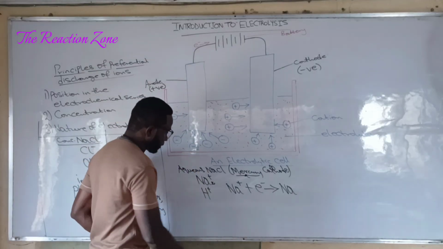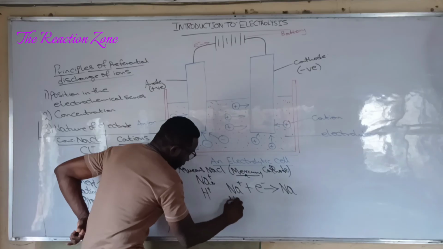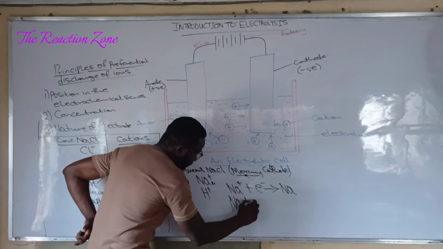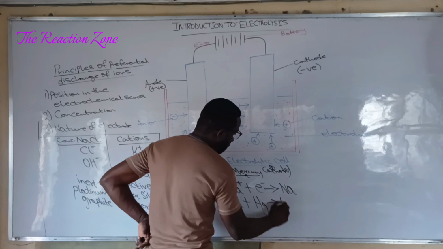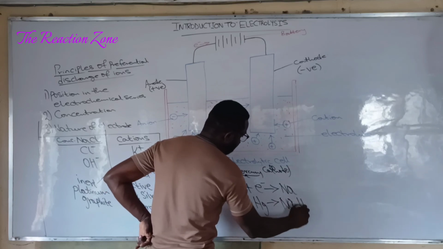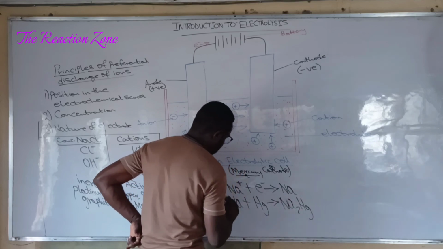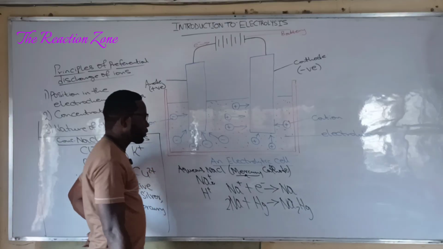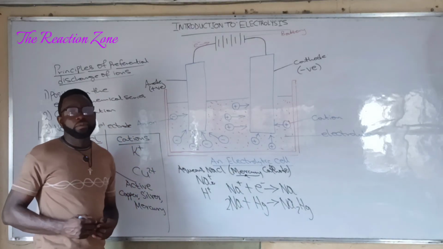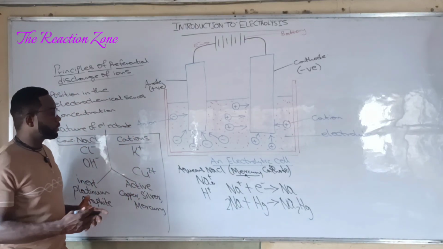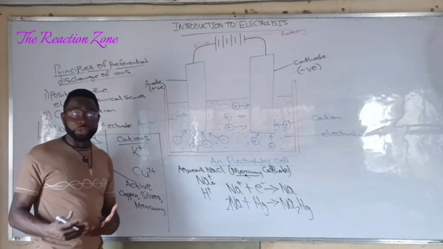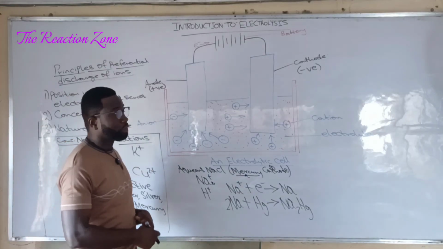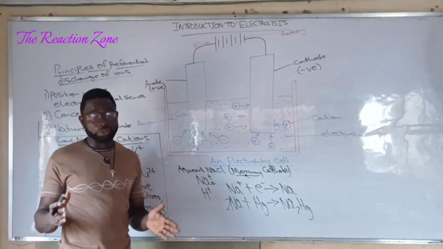And not just that, the sodium ion is going to react with the mercury cathode to form sodium amalgam. Now, this is an example of how the nature of the cathode influences what is deposited during electrolysis.